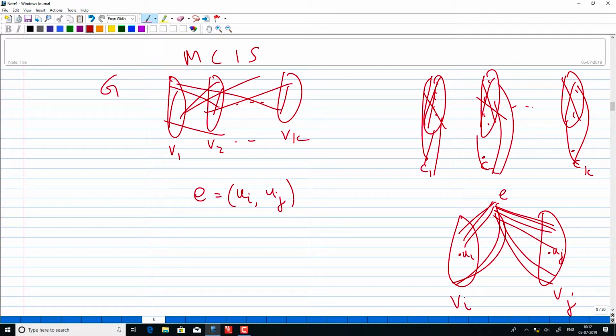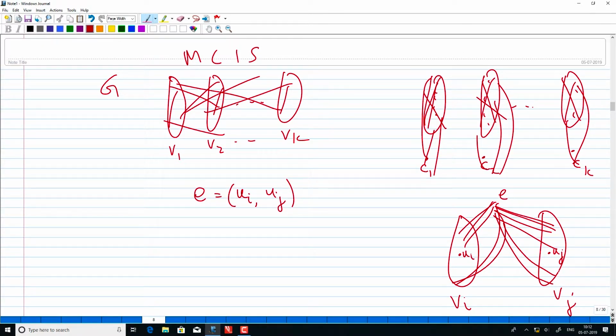E is an edge which has one endpoint in one color class, another endpoint in another color class. Now, corresponding to that edge, I am going to create a vertex here called E. That vertex will be adjacent to all vertices in these two color classes from which the endpoints are coming, except for the corresponding Ui and Uj. That is the end of my construction.